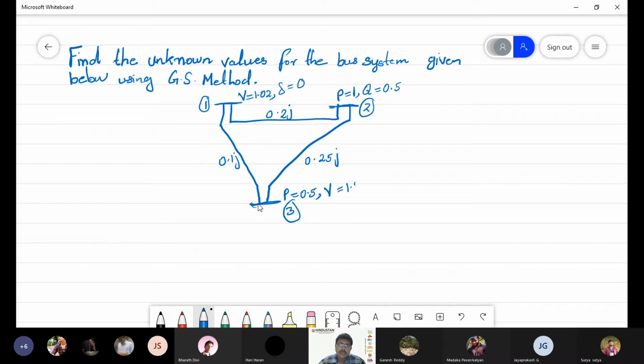And here you can see that P and V are given, therefore it is a PV bus, voltage control bus or generator bus.